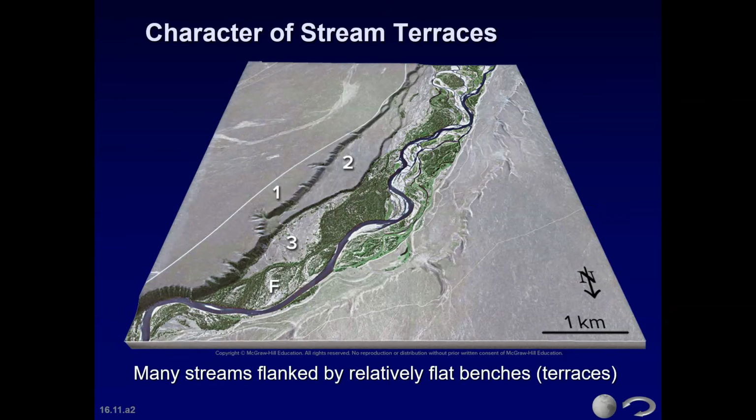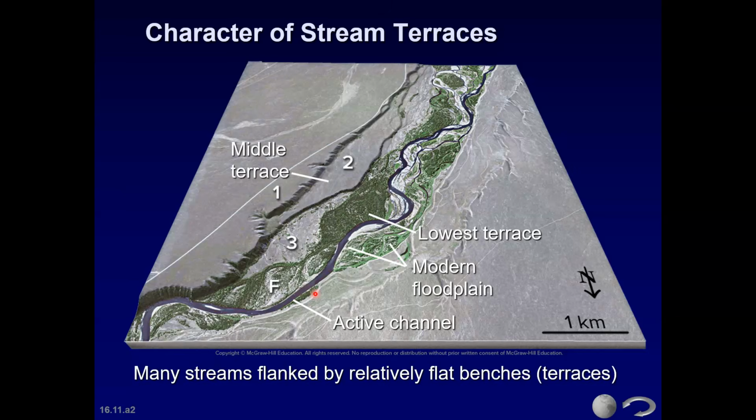Okay, so stream terraces. Many streams can be flanked by relatively flat benches, such as these that we call terraces. So we have 1, 2, 3, and then a floodplain right next to a stream. This is our active channel in the modern floodplain. And we go from the highest terrace on this side to the middle, and back down to the lowest terrace and the floodplain.